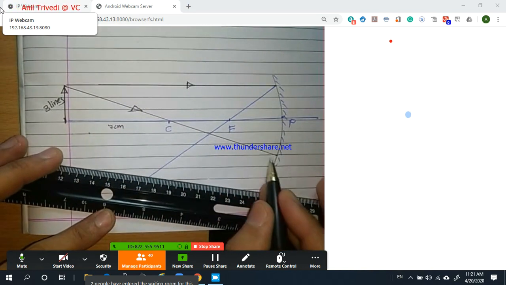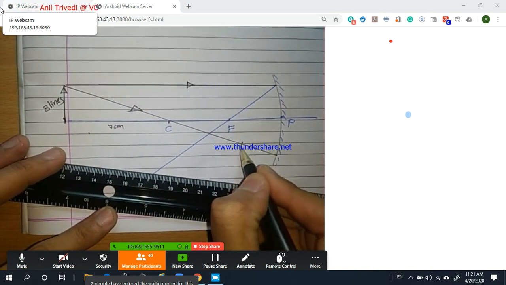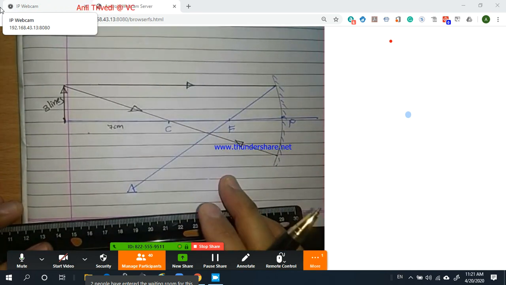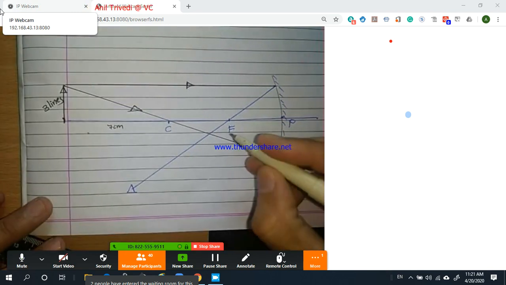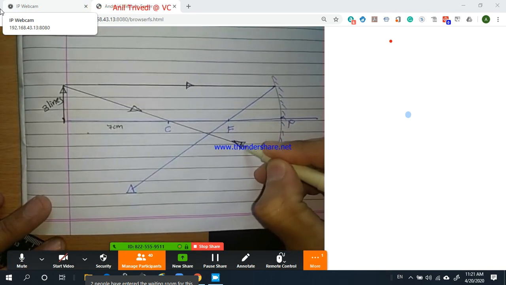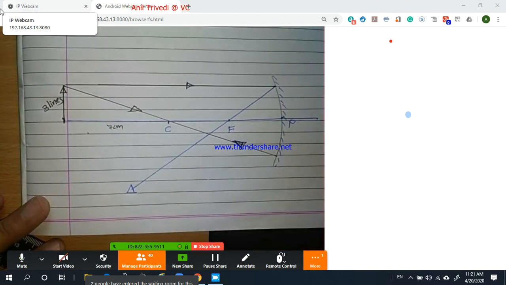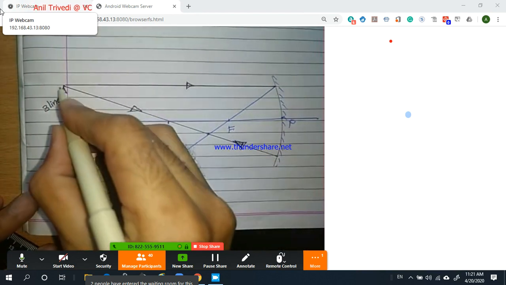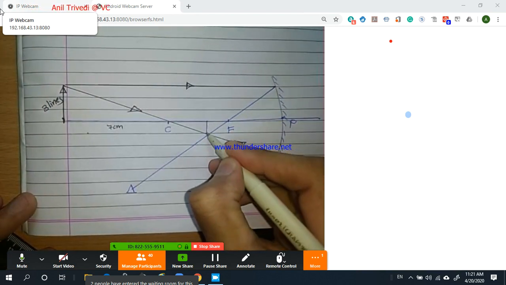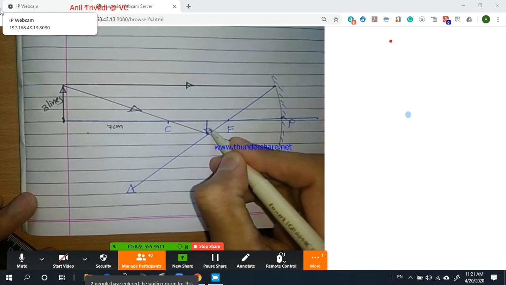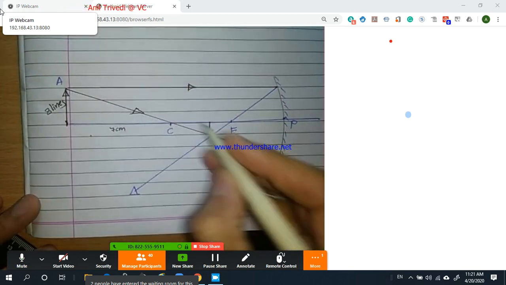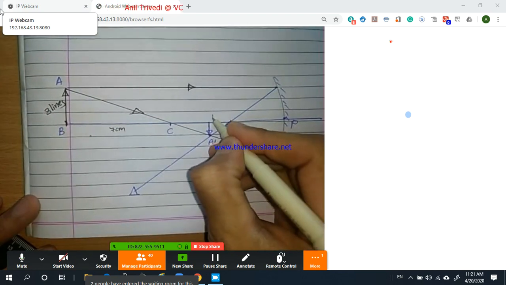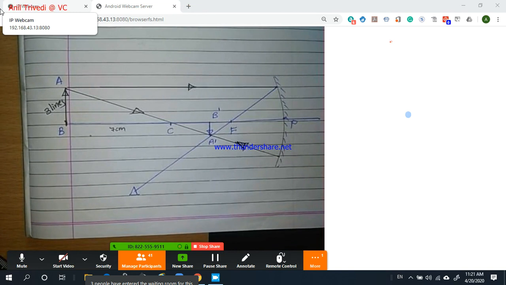If this is the incident ray, it will follow the same path and return back. So red and blue both would be the same. I'll show this as reflected and this was incident. See, both the rays are meeting here. So the top portion would be seen here and this is your image. If this was A, I'll draw A dash here, and if this was B, I'll write B dash here. Is it clear?